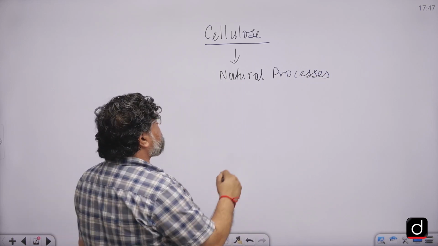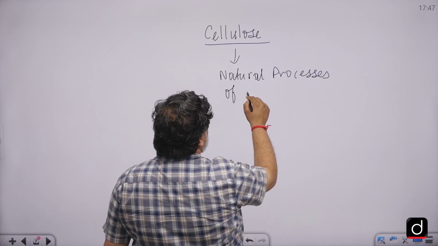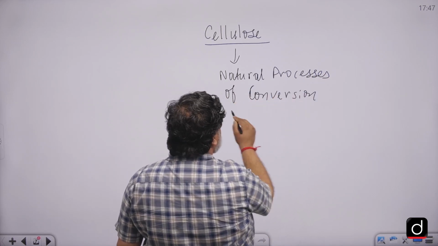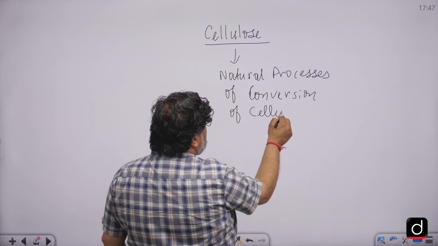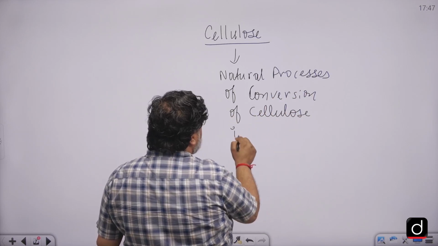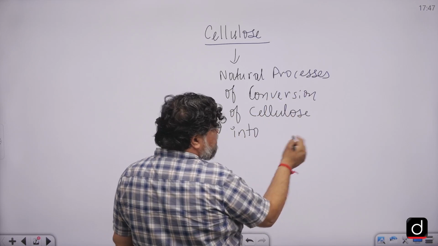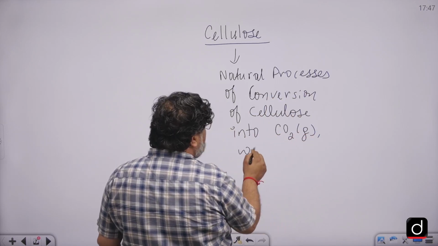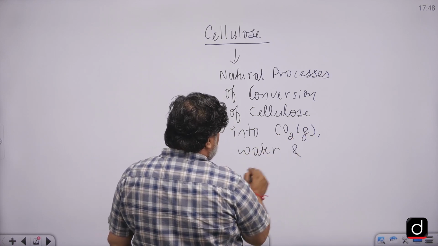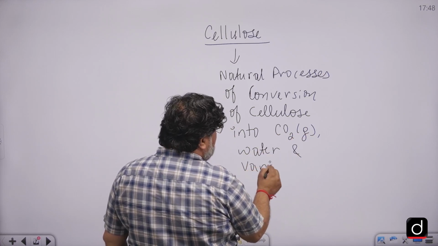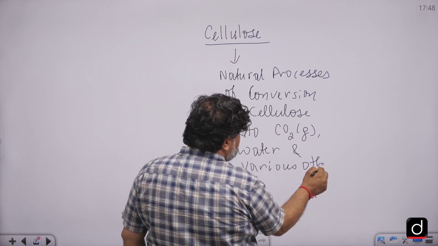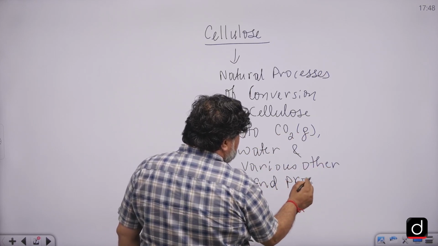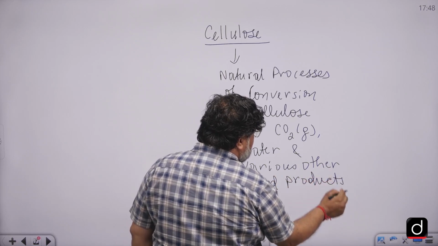So natural processes of conversion of cellulose into products which are carbon dioxide gas, then water molecules, and then various other types of end products. Now, this is what the question means.